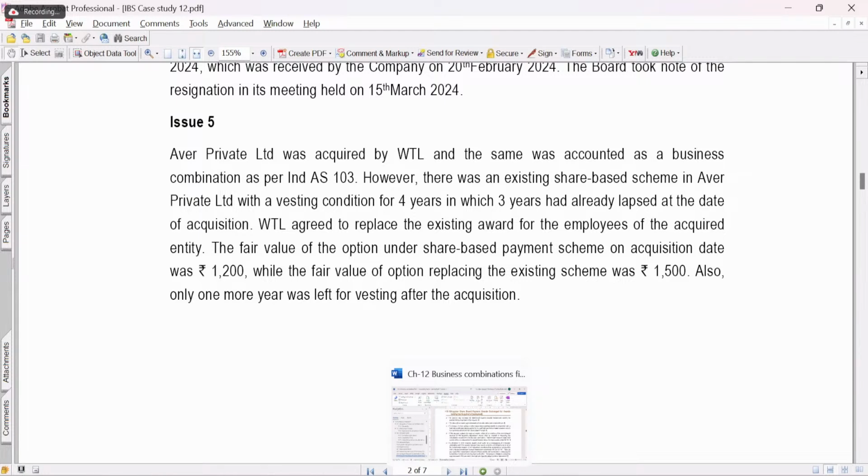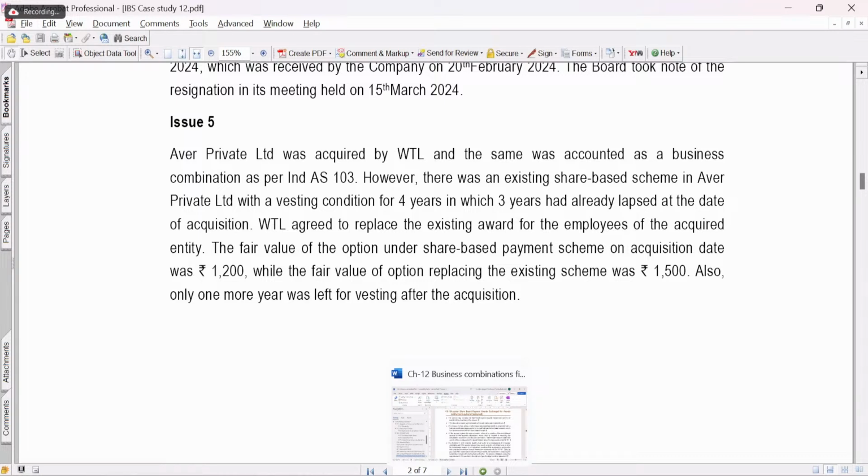Now let us see what is happening in this particular scenario. In this particular scenario, Ava Private Limited was having some share-based scheme for its employees. And as per their share-based scheme, the vesting condition was of 4 years. Out of those 4 years, 3 years have already lapsed.